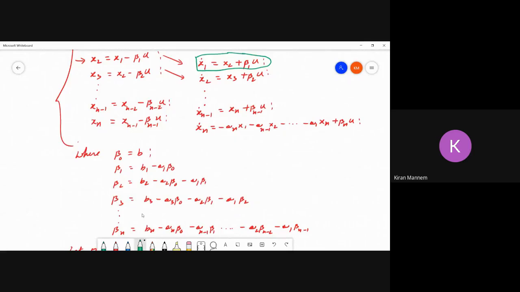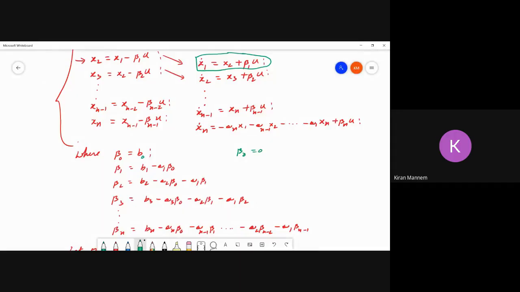So you substitute these values, you will get the answer. So try to do it here. So what is beta naught here? Beta naught is equal to B naught, right? Sorry, yeah, here I didn't write it. Beta naught is equal to B naught.